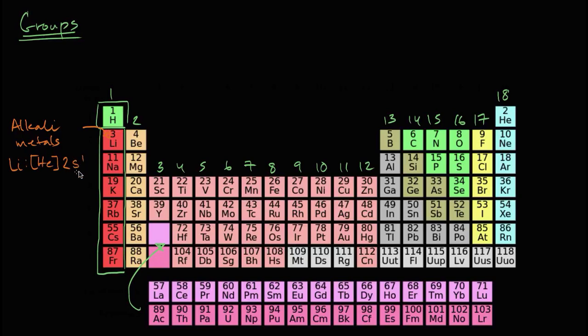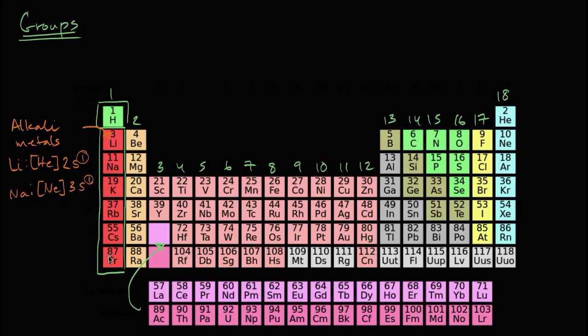It has 1 valence electron. It has 1 electron in its outermost shell. What about sodium? Well, sodium is going to have the same electron configuration as neon, and then it's going to go 3s1. So once again, it has 1 valence electron, 1 electron in its outermost shell.